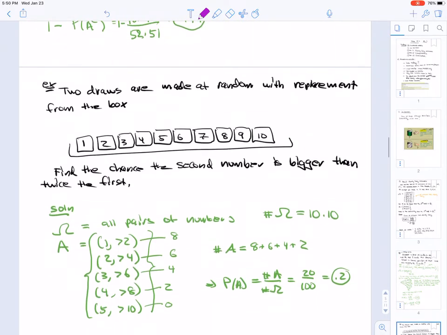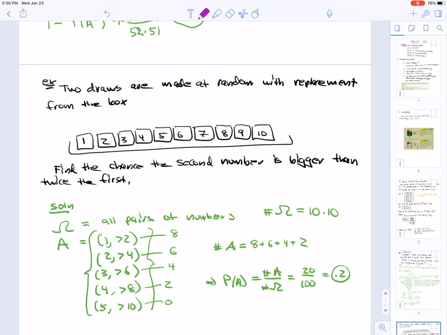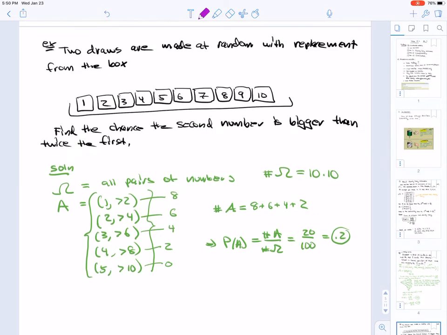We then did a slightly trickier problem. 2 draws are made at random with replacement from a box with 10 tickets numbered 1 to 10. Find the chance that the second number is bigger than twice the first. So again, omega here is all pairs of numbers, so there's 10 times 10. And for A, we can just think of all the ways that we could have a pair.